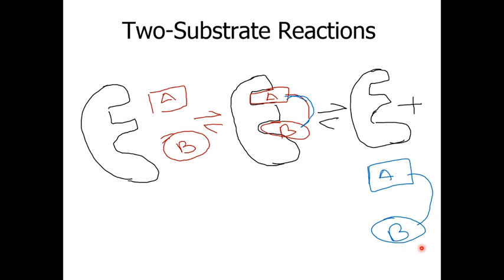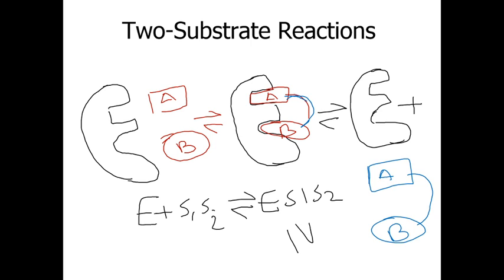Now this is a two-substrate reaction leading to one product, right? This kind of reaction can be written as E plus S1, S2, giving rise to ES1S2, giving rise to E plus P, right?